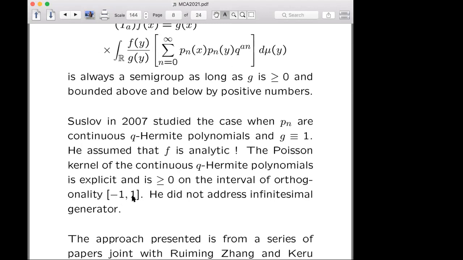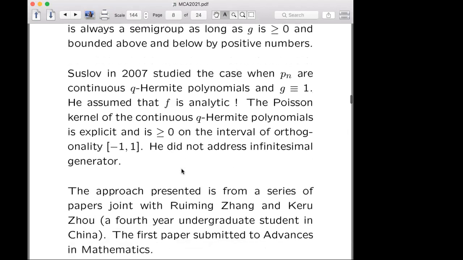Not analytic, just continuous is good enough. And you can make it even weaker than that. So this is very simple. And he did not address infinitesimal generators or treat this as a semigroup or anything. He was just motivated by trying to find some analogs of Fourier transforms, and that was all he was interested in.